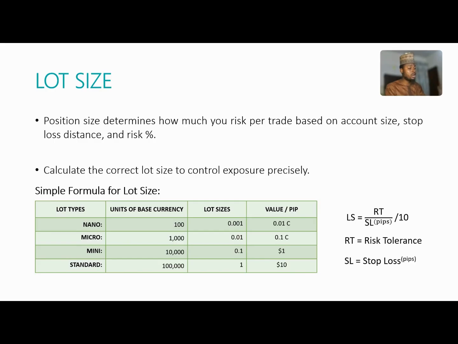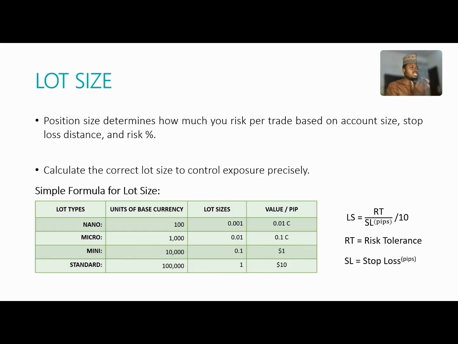If you are risking $1, you are going to multiply it by 1000. So which lot size are you going to use to get this kind of unit of base currency? You are going to use 0.01 lot.